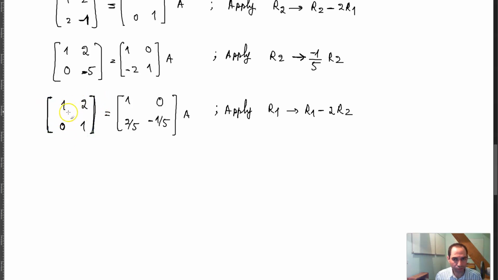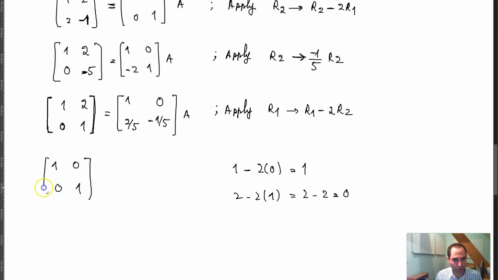which is basically 1 minus 2 times 0, which is equal to 1, and 2 minus 2 times 1 is equal to 2 minus 2, which is equal to 0. So this row becomes 1, 0, and the second row doesn't change, 0, 1.